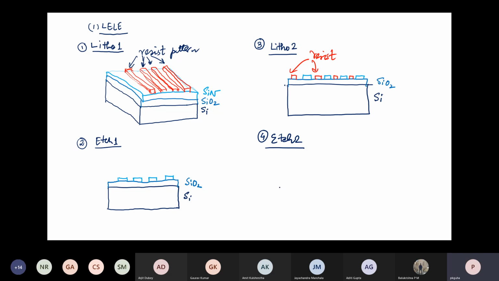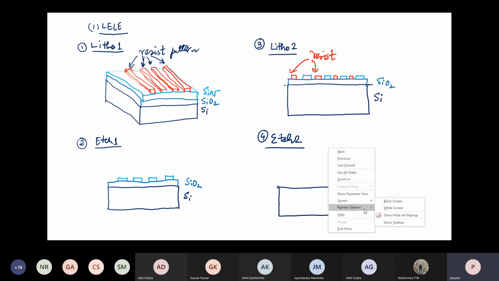In H2, let's draw from the beginning. We have the silicon wafer, and on the silicon substrate we have SiO2, but here etching is done on the SiO2 using both the patterns together, right?